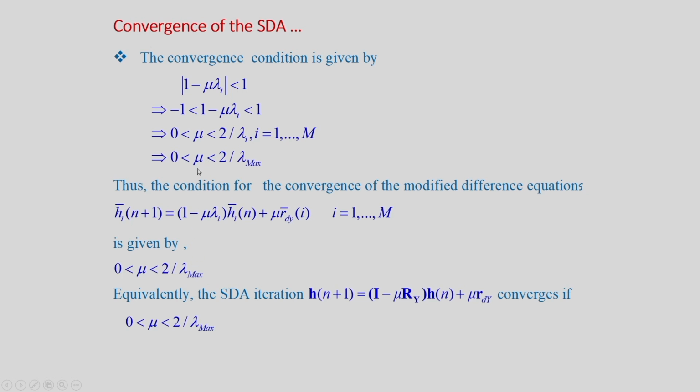This is the condition for convergence of this set of difference equations. Equivalently, the SDA iteration h of n plus 1 is equal to I minus mu ry into h n plus mu r dy converges if 0 is less than mu less than 2 by lambda max. So, this will be the condition for convergence for the SDA iteration.